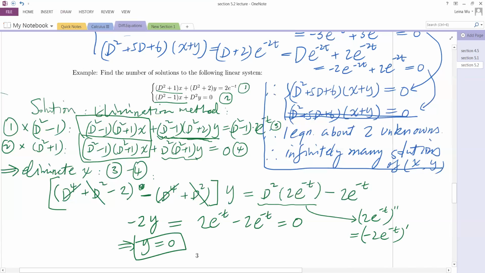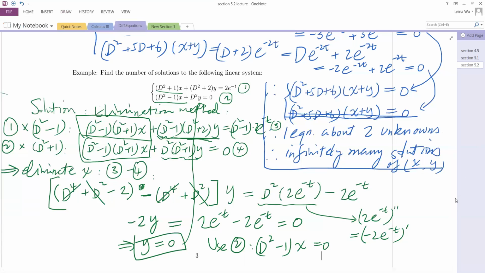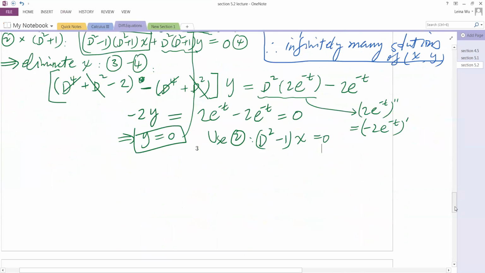Once y equals 0, you can use either equation 1 or equation 2, right? Okay, now I'm going to use equation 2. I just plug y equals 0 in. So that just gives us d squared minus 1 times x equals 0. I know you guys know how to solve this now, right?